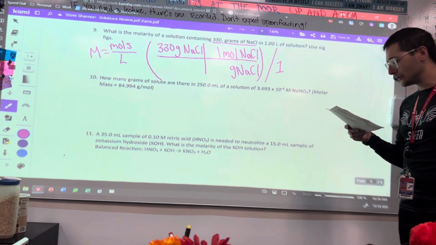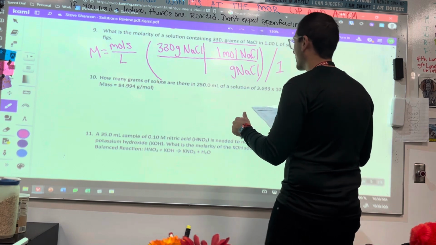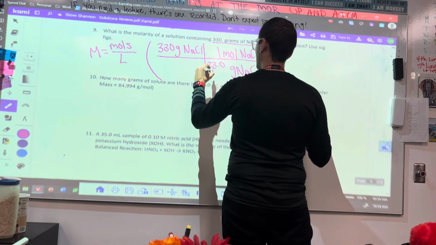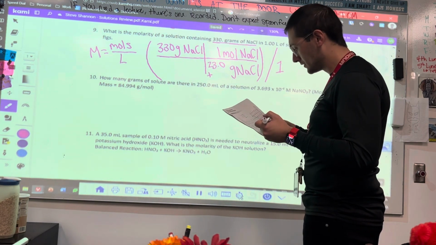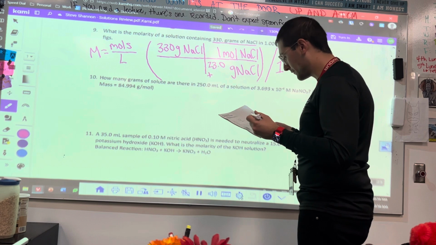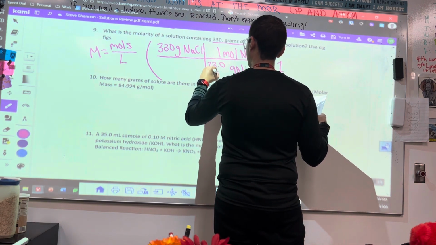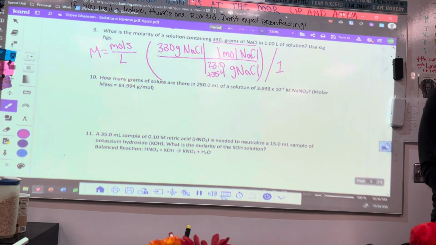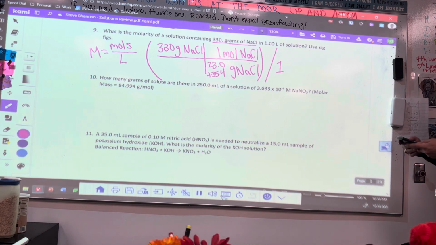So I go to Na, I look it up, 22.99. I'm going to round that to 23.0 because of sig figs. And Cl is going to be 35.453. That's going to be 35.5. So now, using Desmos, I can put all of this into the calculator, and it's going to be nice and pretty for me.